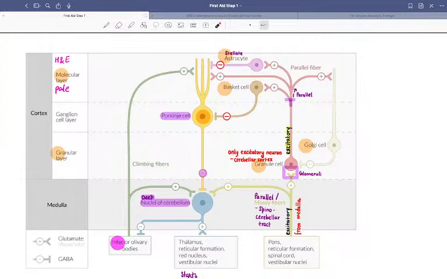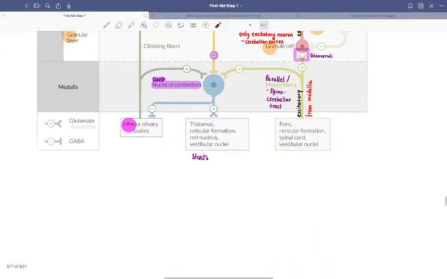If it is too positive, then obviously the deep nucleus goes and inhibits it. So here is one feedback loop with the inferior olive, and another feedback loop between Golgi and granule cells.